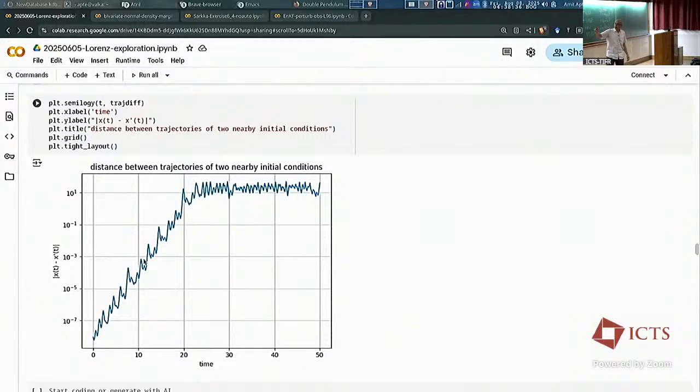So the slope of this line, so I mean, what is this function? If I were to fit a straight line to this, what will be the equation of such a straight line? So let me call that distance, the distance between x(t) and x'(t), as d(t). So I'm basically plotting d(t) in a semi-log plot as a function of time.